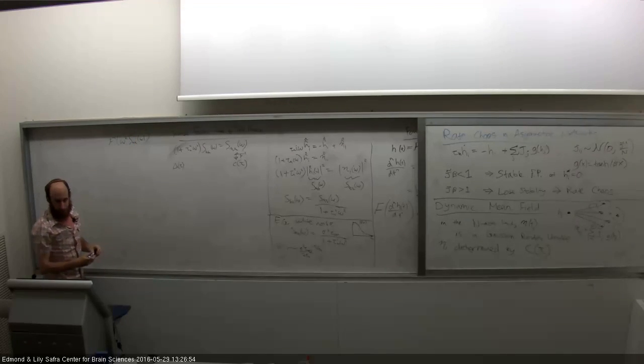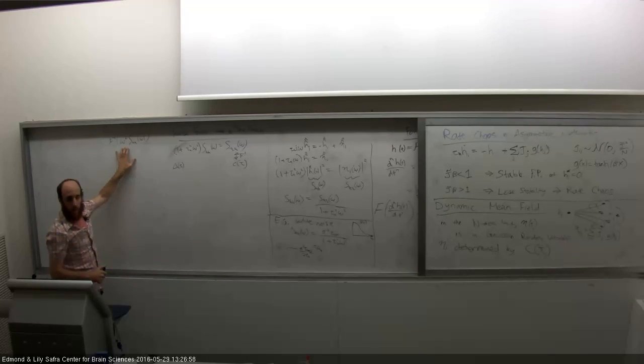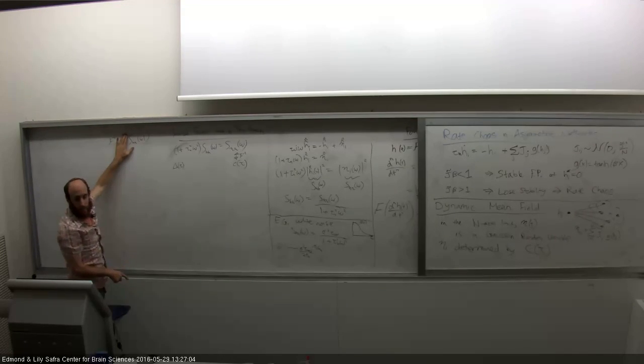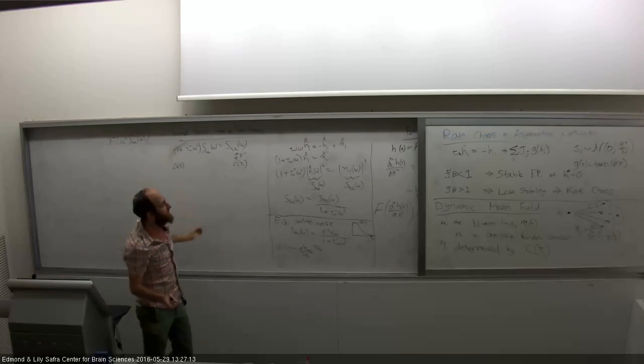When we just have S, we get back the correlation function. But now we're doing an inverse Fourier on something that has omega squared times S, so it's going to give us the second derivative.